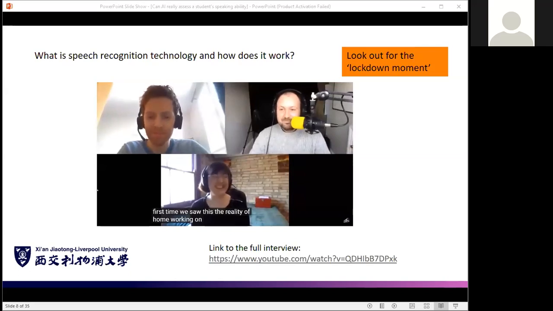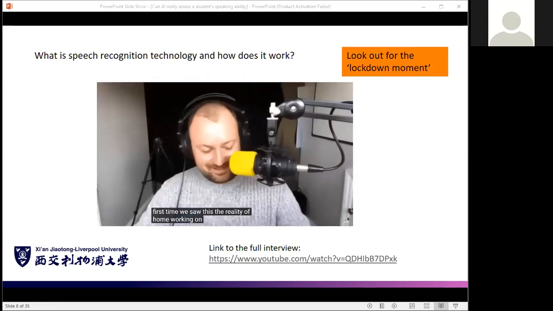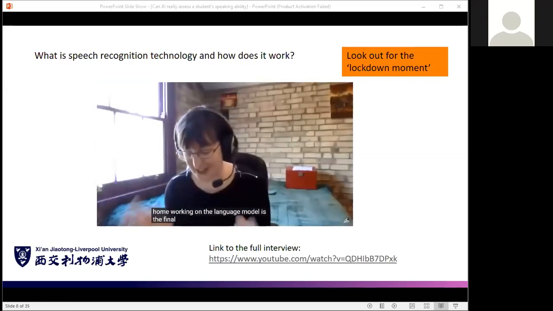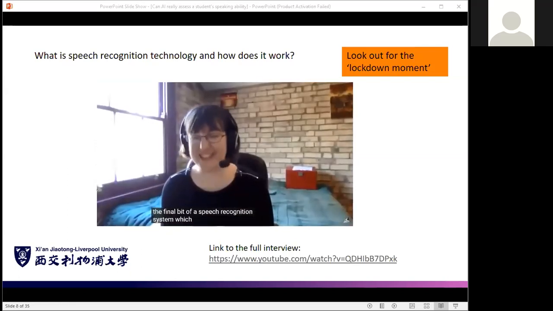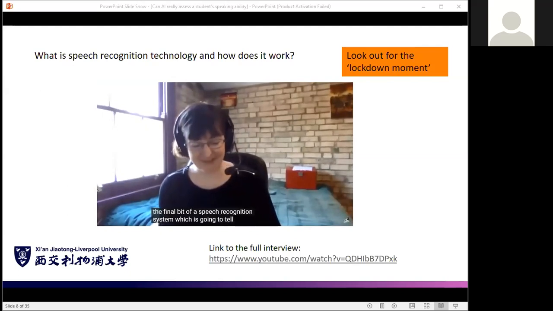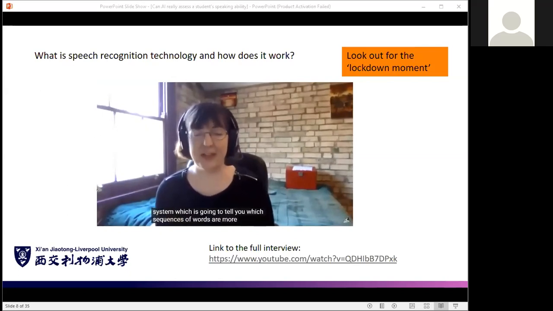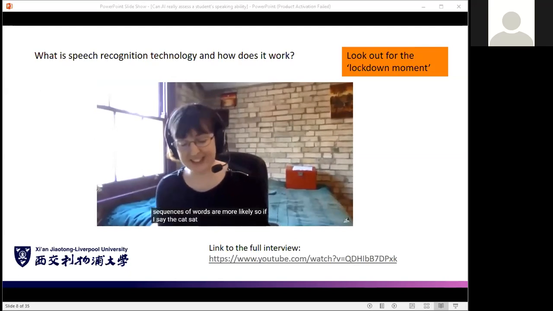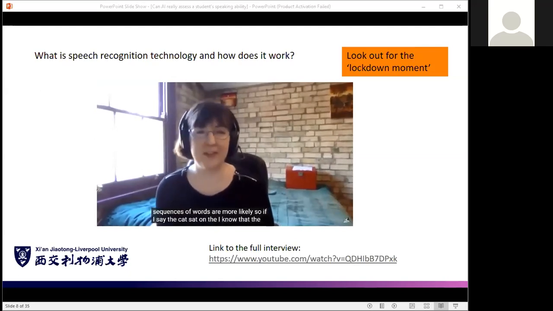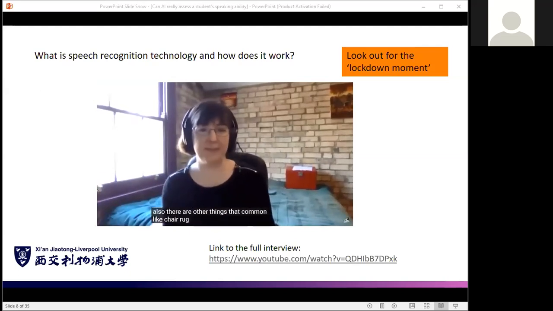I think that was the first time we saw the reality of home working on such a large scale. Great. So let me get back to the language model. The language model is the final bit of the speech recognition system, which is going to tell you which sequences of words are more likely. So if I say the cat sat on the, I know that the word mat is probably quite common, but there are also other things that are common, like chair, rug.